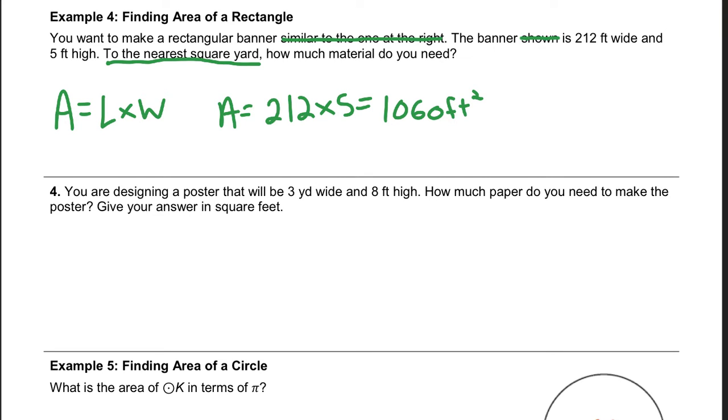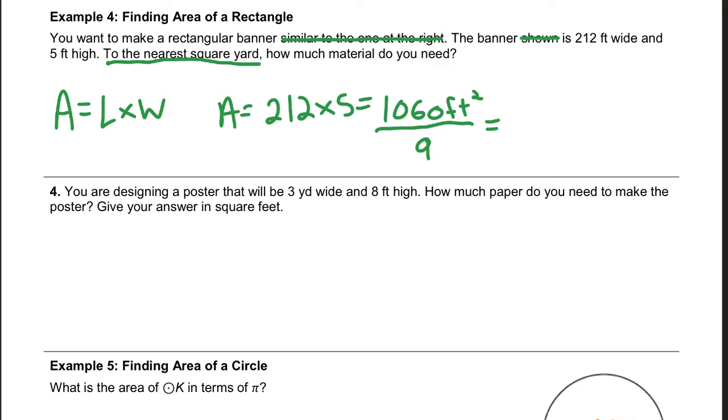To convert this to yards, it's worth knowing that there are 3 feet in a yard, but if you're converting square feet to square yards, instead of dividing by 3, you're going to divide by 3 squared, okay? So to convert units, you divide by the units squared. So 3 feet squared, 3 square feet, sorry.